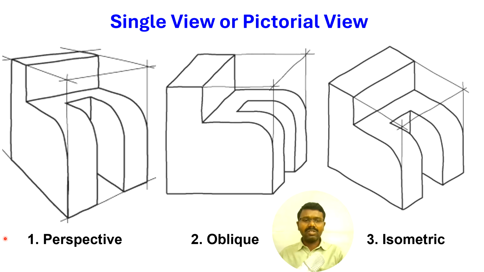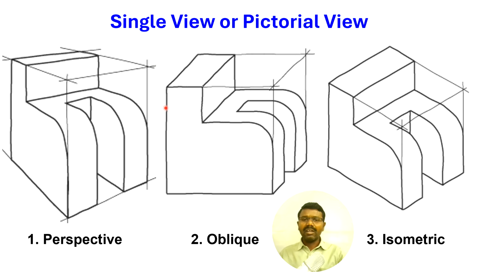For example, this is an object drawn in perspective view, and because this edge of the object is nearer to my eyes, these dimensions appear larger. As this edge of the object is away from my eyes, it appears with smaller dimensions, even though these two dimensions are the same.